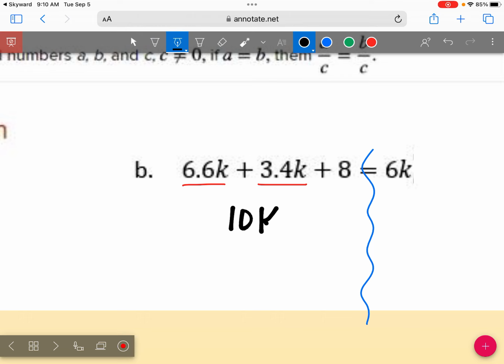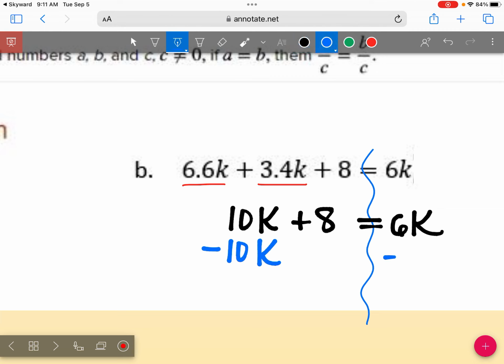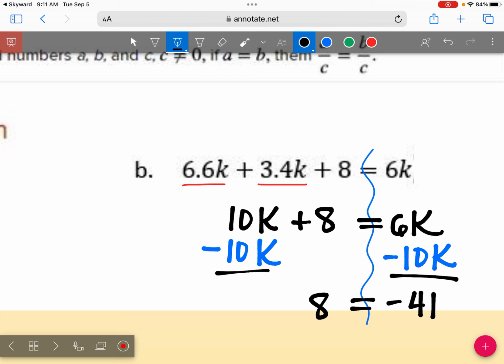So you get 10K plus 8 equals 6K. And now we need to bring all our variables to one side. So I have a 10K on the left and a 6K on the right. So I'm going to subtract the 10K. So 8 equals, and then 6 minus 10 is negative 4K.